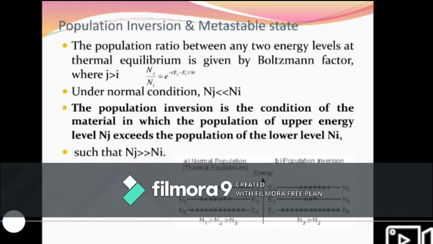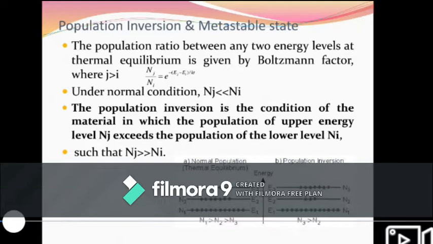Between any two such levels, the ratio Nj by Ni is equal to e to the power minus (Ej minus Ei) by kT. That is the distribution of atoms in the various energy levels given by the Boltzmann factor.